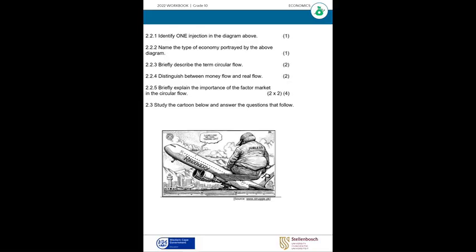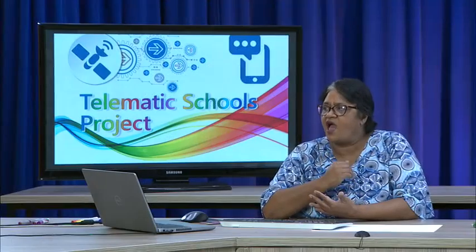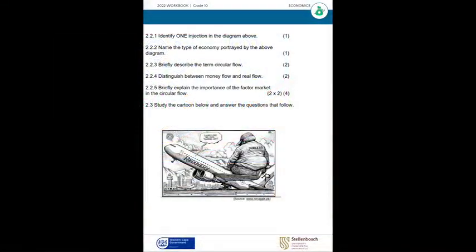Now, obviously here you can use any description as long as you talk about it showing the flow of money between the participants within the economy, or anything to do with how the circular flow shows the relationship between participants, or the flow of money, or the flow of goods and services, but that it's showing the flow of something, right? So as long as you say anything along those lines, you will be given your 2 marks.